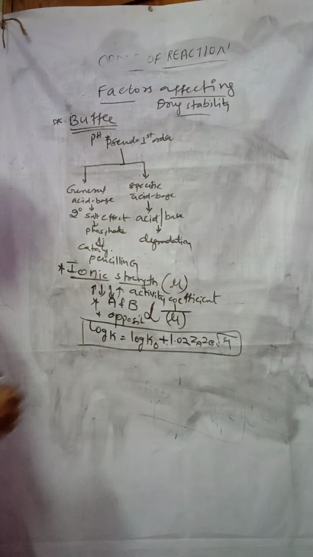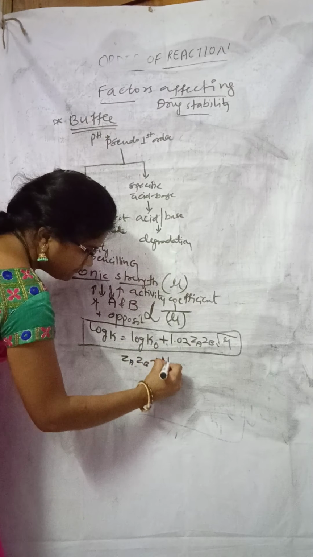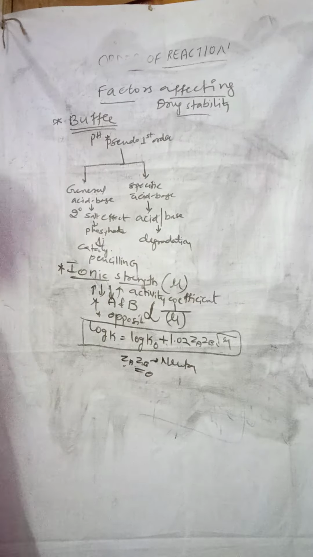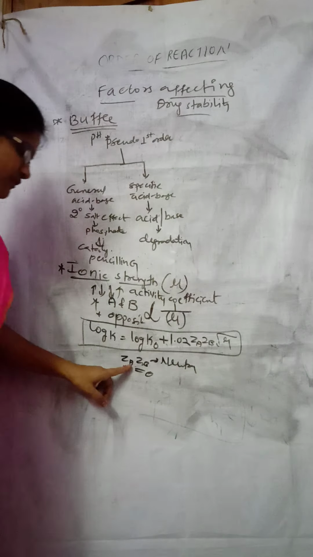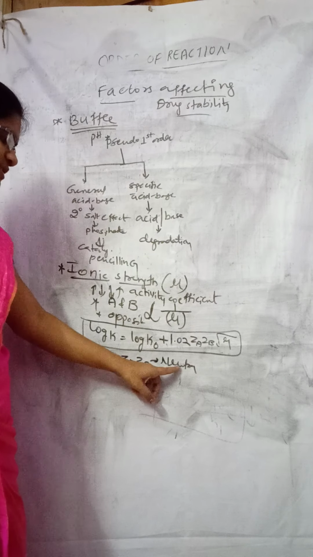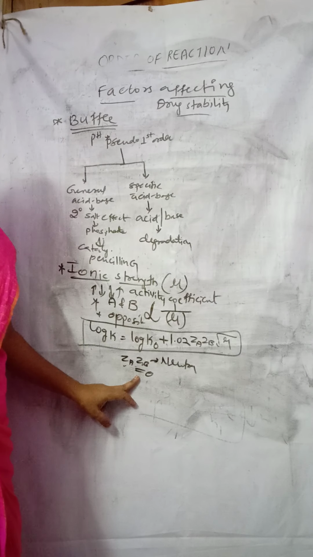If either ZA or ZB is neutral, then ZA ZB will become 0.